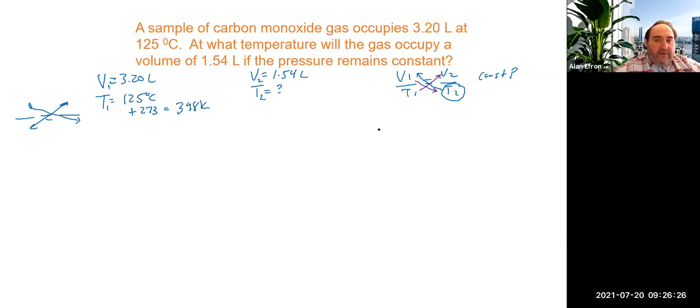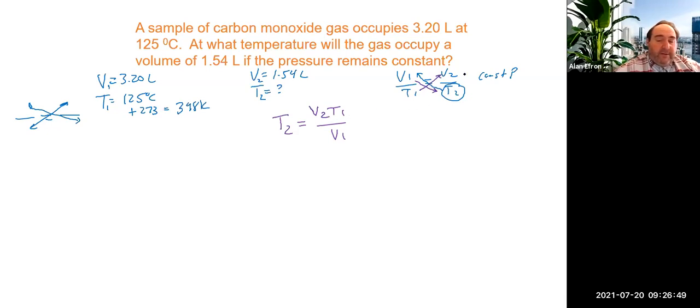So if we do all that rearranging, we end up, properly rearranged hopefully, with T2 equal to V2 times T1 over V1. Again, bringing V1 down, bringing T1 to the top, and T2 to the other side. You want to make sure that you can rearrange this properly.